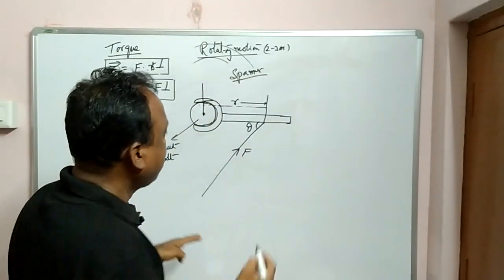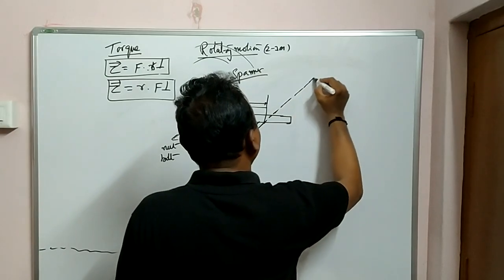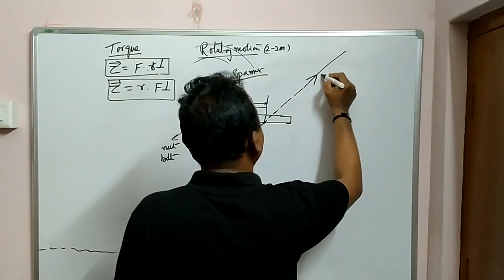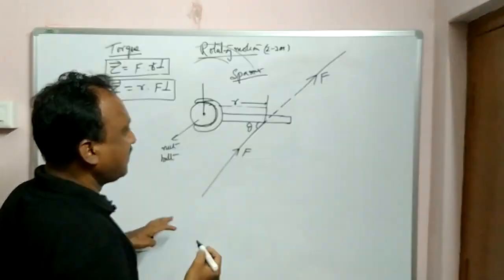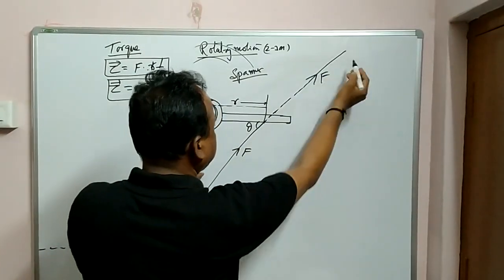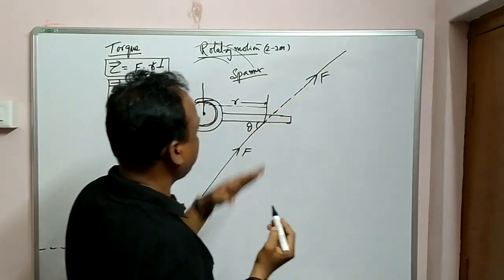Now here, this force, if I extend like this, this line will extend now. This is force. Clear now? Now I am extending the force in this fashion. You can see I am extending the force.